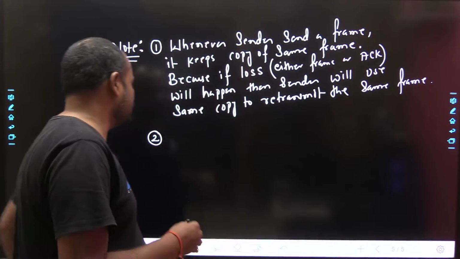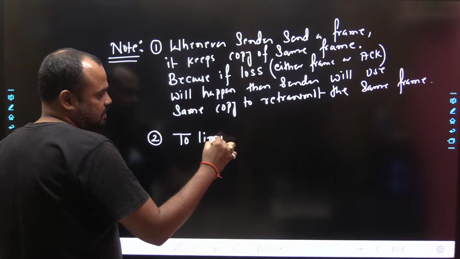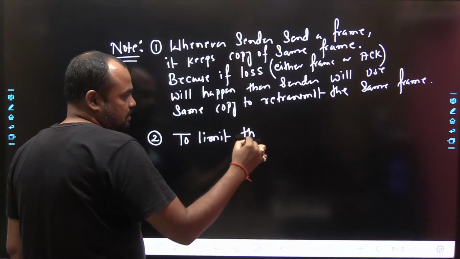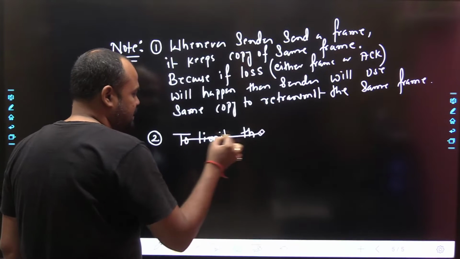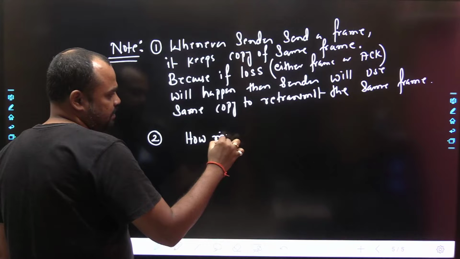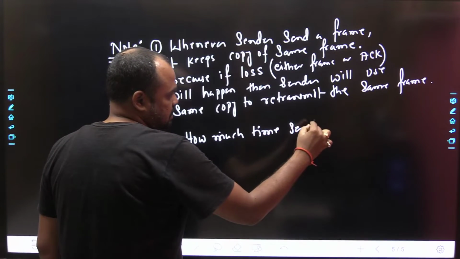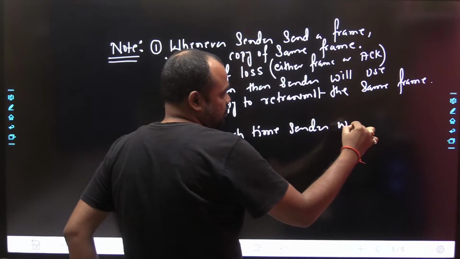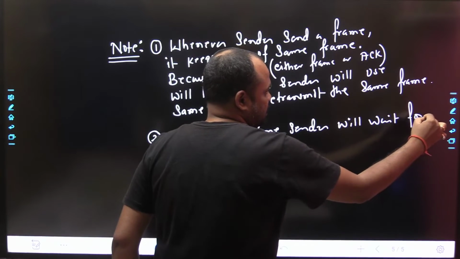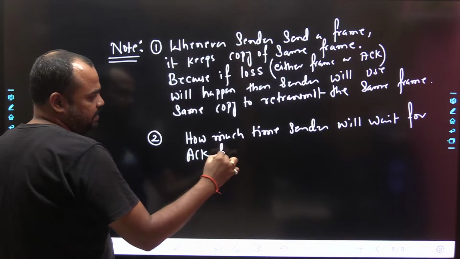Okay, so to limit, or you can just simply write in simple words: how much time the sender will wait for the acknowledgement frame.